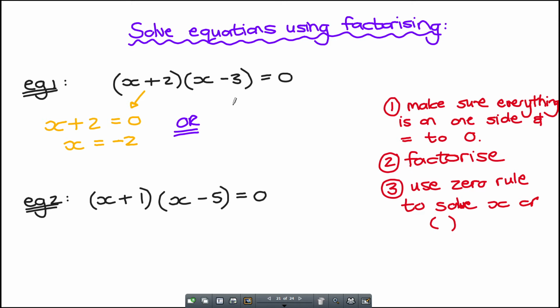So let's make the second bracket 0. So x minus 3 will be equal to 0. If I take that minus 3 over, it means that x will be 3. Does it make sense? So then that's it. You get 2 marks here: a mark for the minus 2, and a mark for the 3.